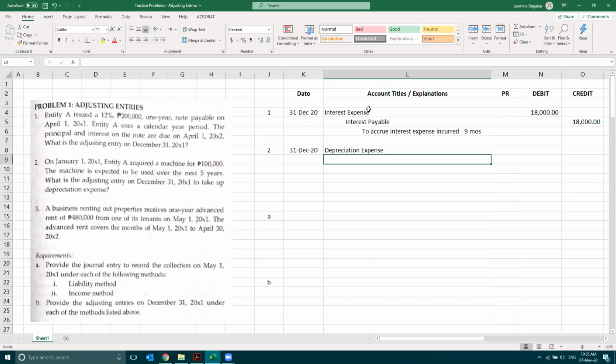It is the contra account of your equipment. Accumulated depreciation.